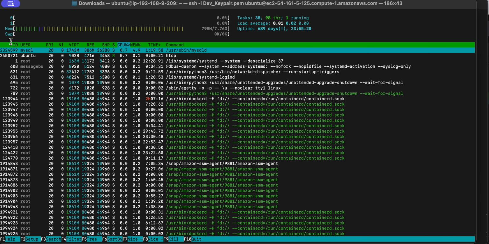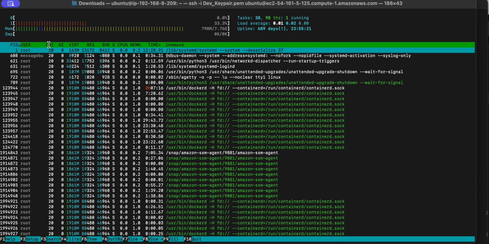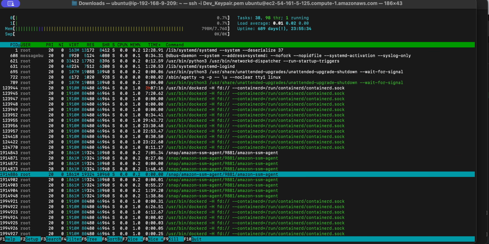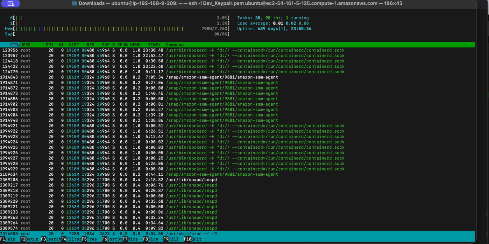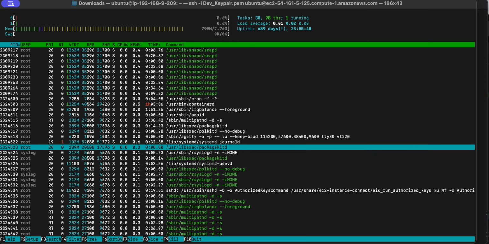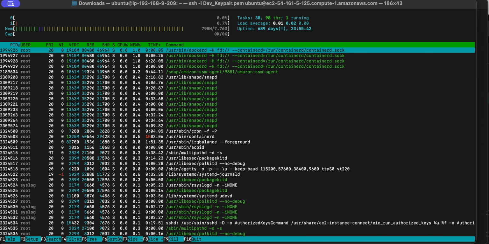Now these are the same columns: PID, user, priority, nice value, virtual, SHR, S, CPU, memory percentage, command. Here you can scroll down. It was automatically updating, as you saw. Here you can run a few more commands.